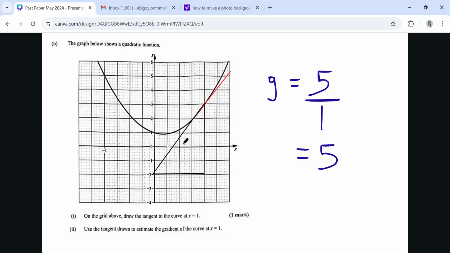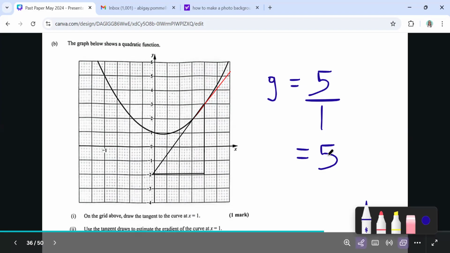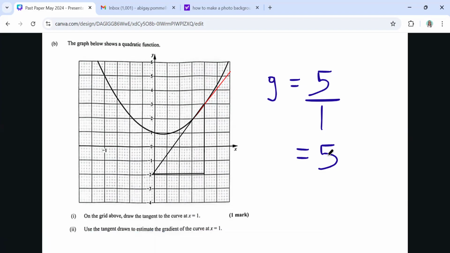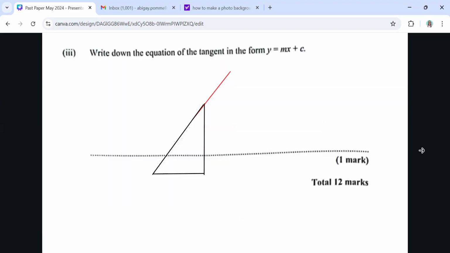Even though you're counting by boxes, you have to realize that right here is 1 on the x-axis, and on the y-axis they had from 0 to 6. So there are ways that they trick you. So you have to really pay attention to what is going on.